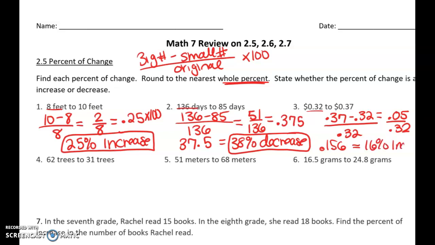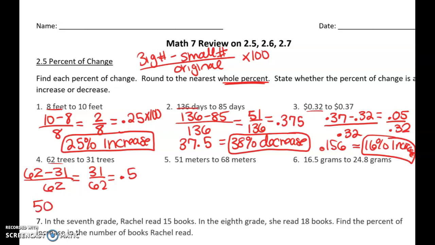And again, it's an increase here. Okay, so number 4, same process. 62 minus 31 divided by the original. I get 31 divided by 62, which is 0.5, so 50% decrease.